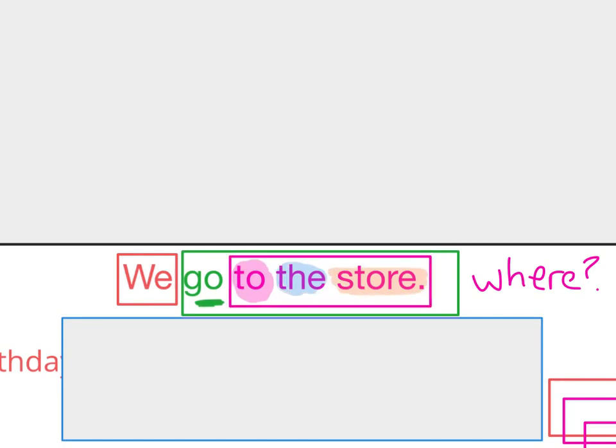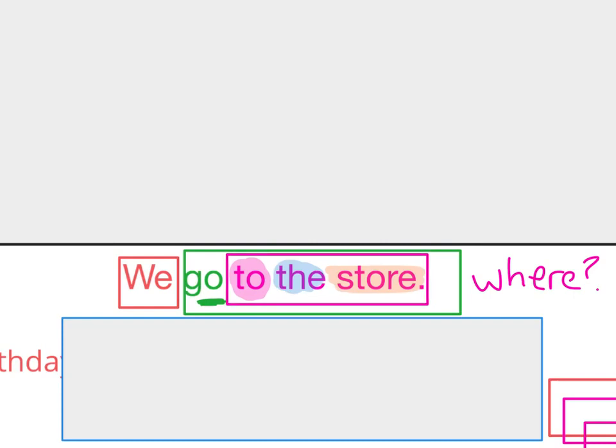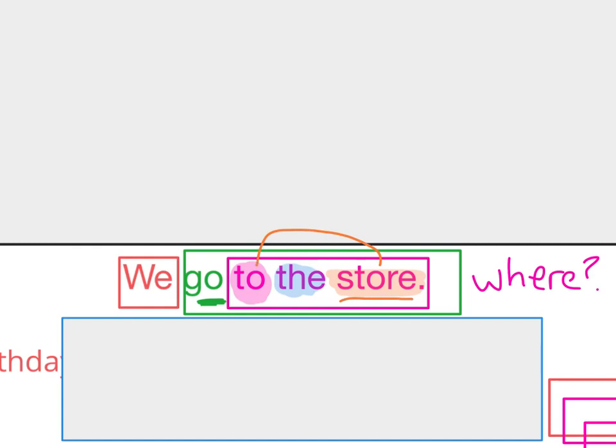We go to the store. We is the subject, go is the verb, and to the store is a prepositional phrase that begins with the preposition to and ends with the noun store. Store is the object of this preposition right here.